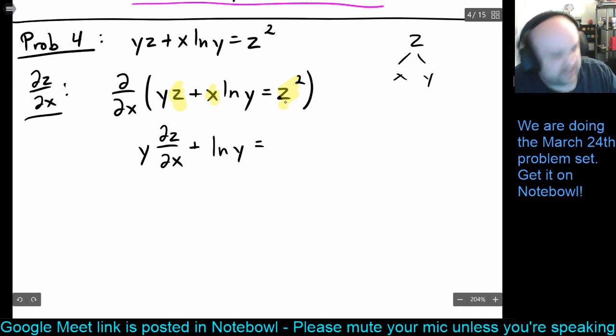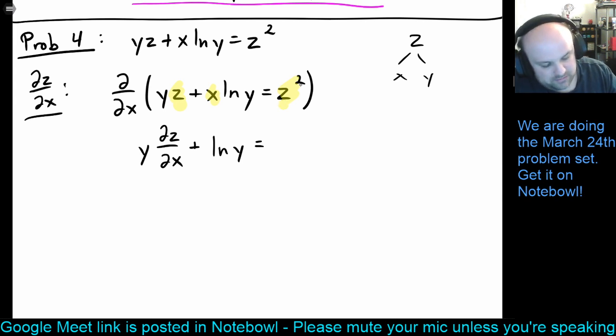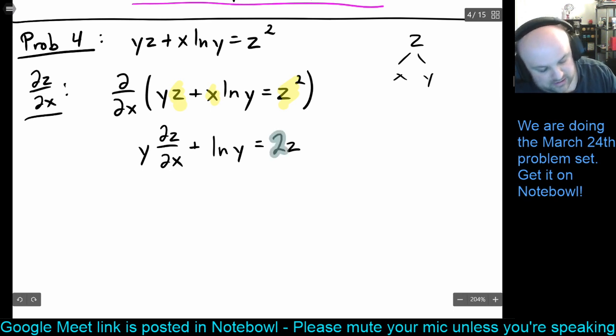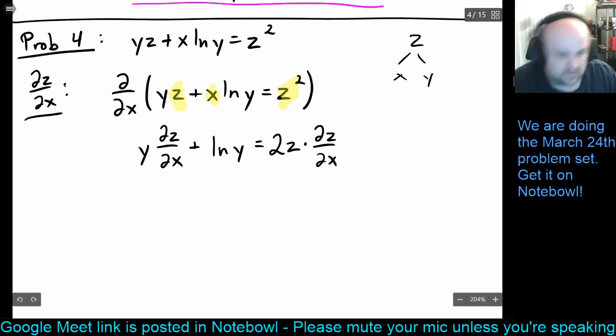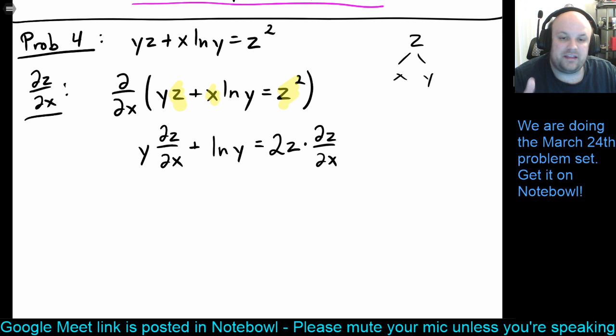Here, we get a bit of a chain rule going on. So differentiate this, we get 2z, but then z depends on x, so times dz dx. And then at this point, it's exactly what we did last semester, or whenever you did this stuff.